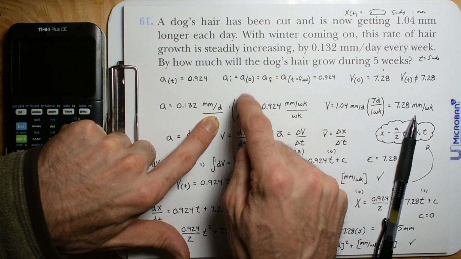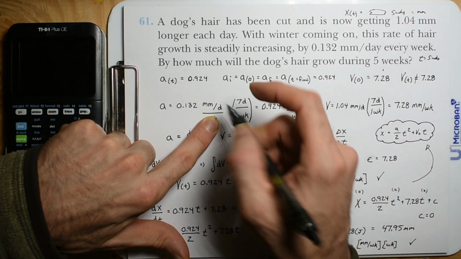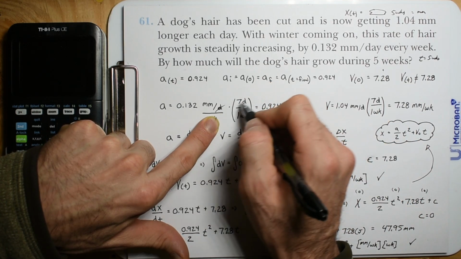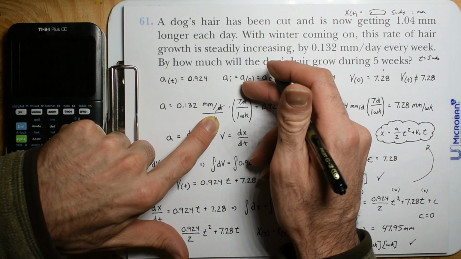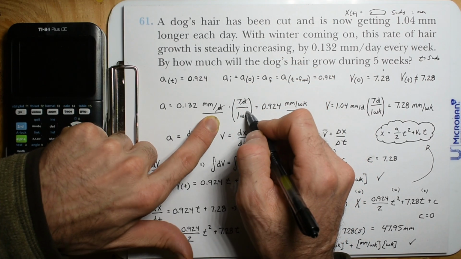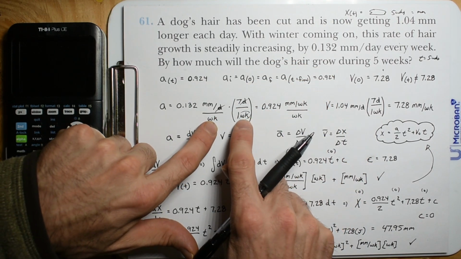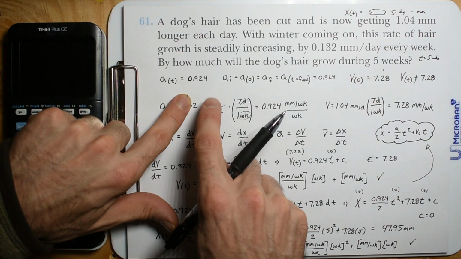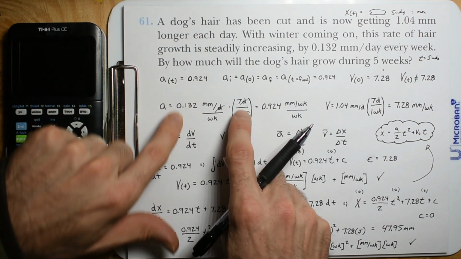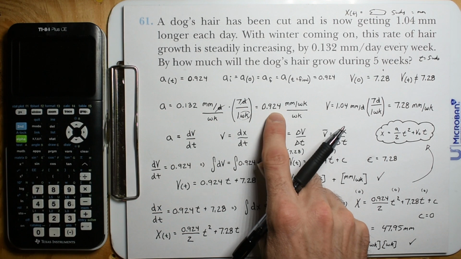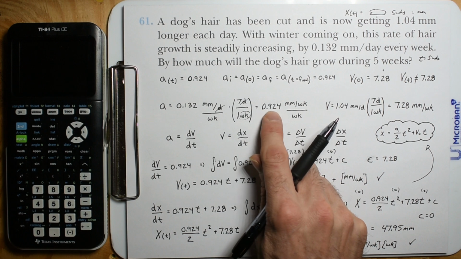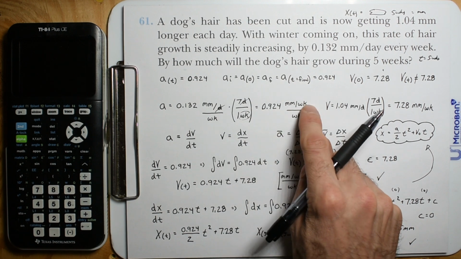So we stack this ratio and cancel the d. One d is on the bottom, the other is on top. 7 days is equal to 1 week, and then we gain this unit. Now this becomes millimeters per week squared. We multiply these two numbers by 7, and we get an acceleration of 0.924 millimeters per week per week.